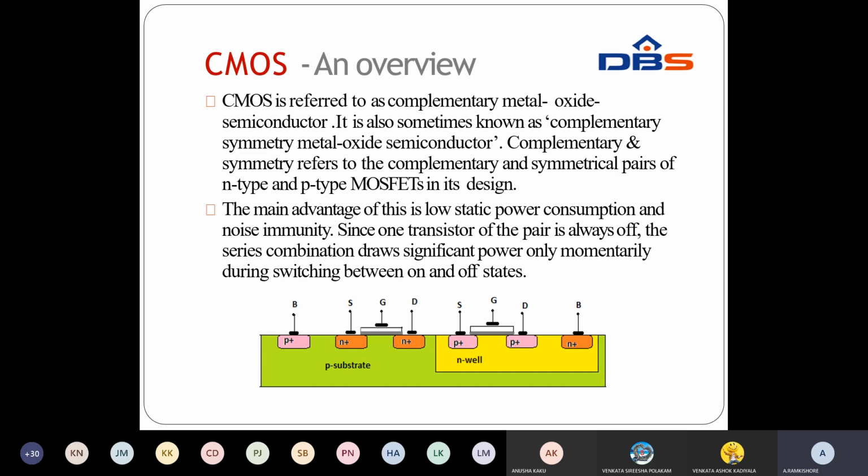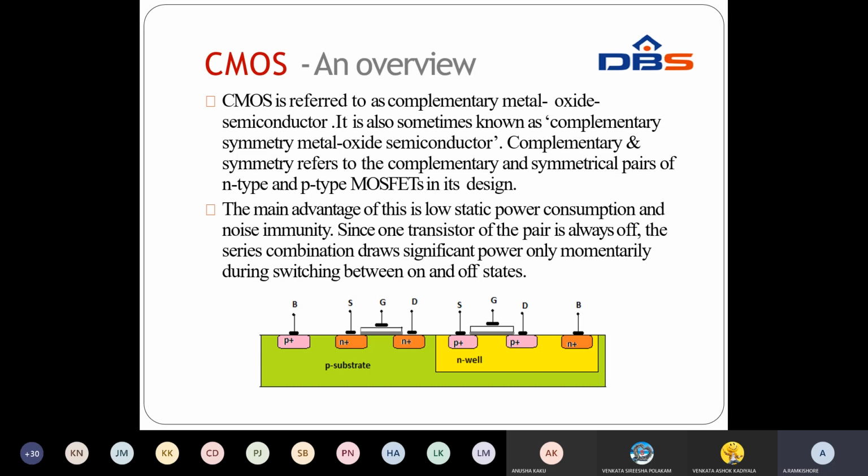So whenever we combine these two MOSFETs, that is the P MOSFET and the N type MOSFET, we call it a CMOS, complementary metal oxide semiconductor. The main point of CMOS is that we have both the P type and N type MOSFET.